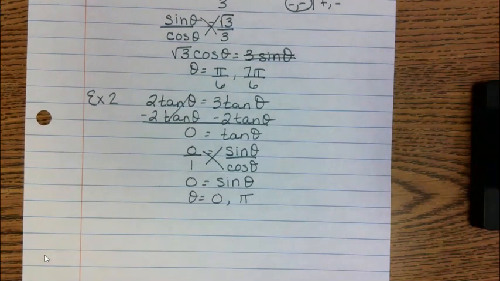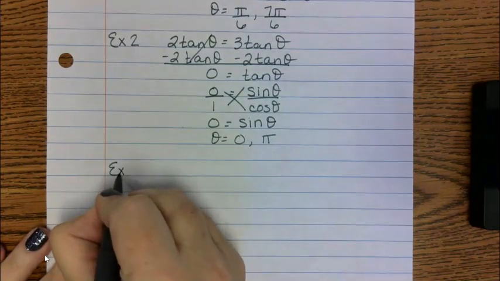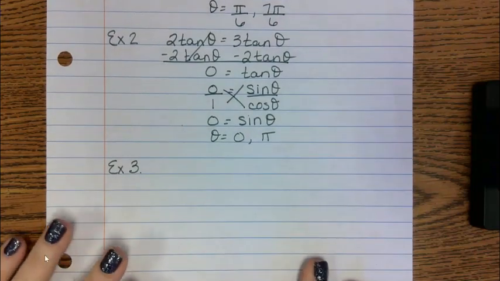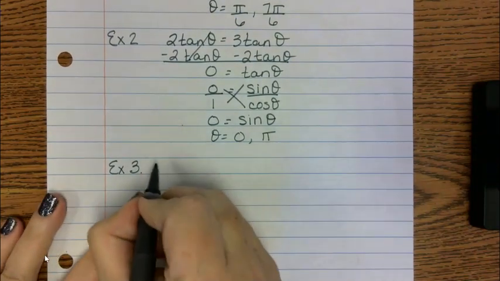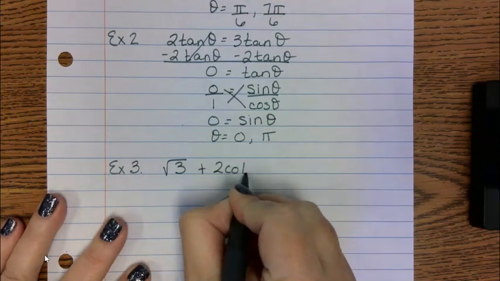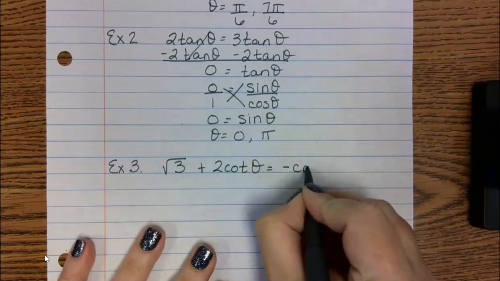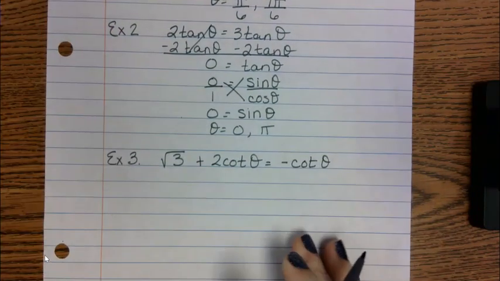Okay, dokie. Let's do another one. Square root of 3. Let's throw a cotangent in here. How fun. Leave this out of the way.